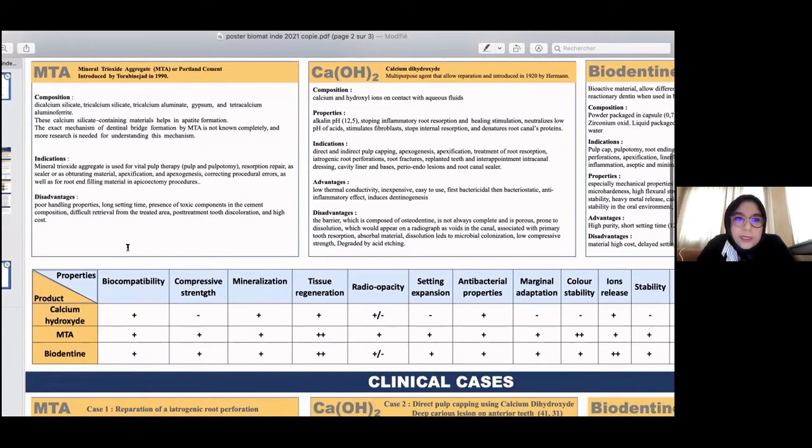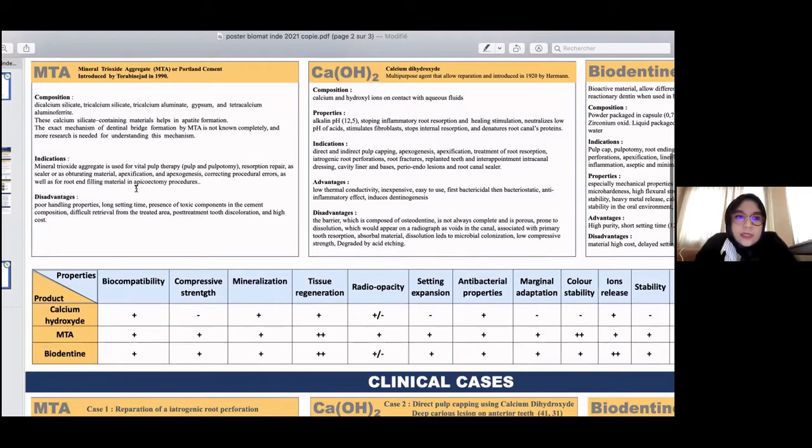It is a calcium silicate containing material that helps in apatite formation. The exact mechanism of dentin bridge formation by MTA is not completely known, and more research is needed to understand this mechanism.